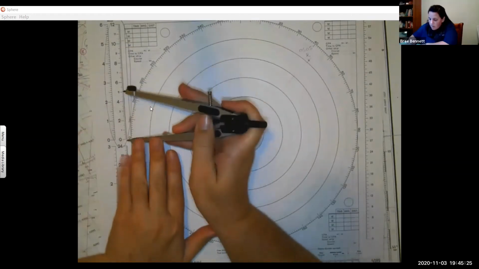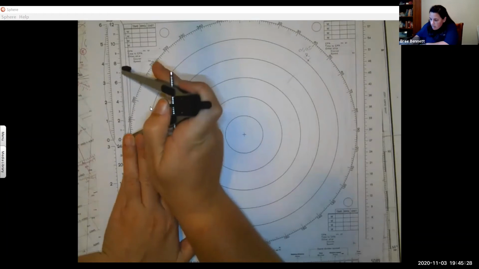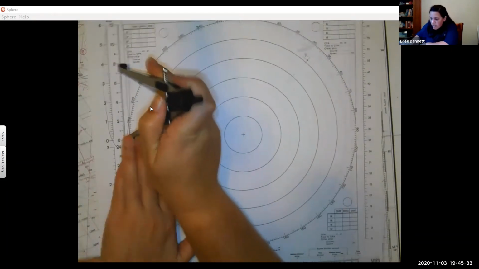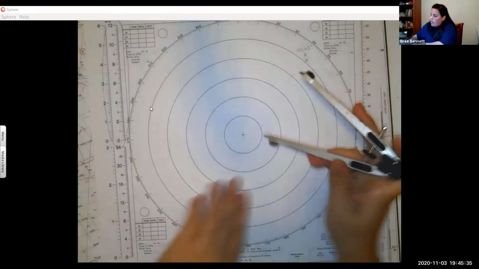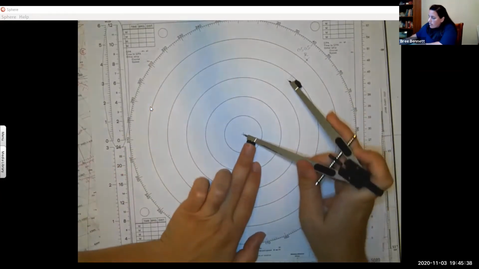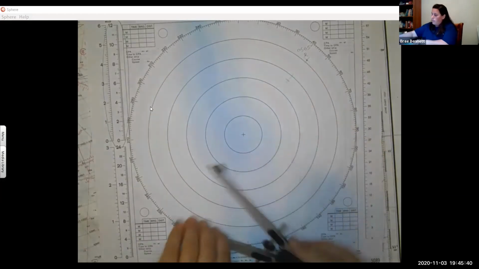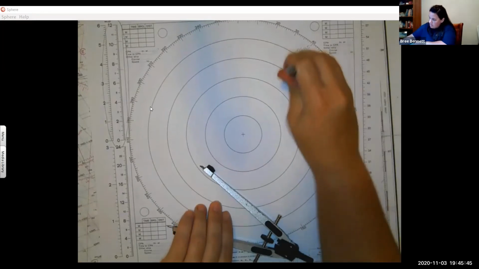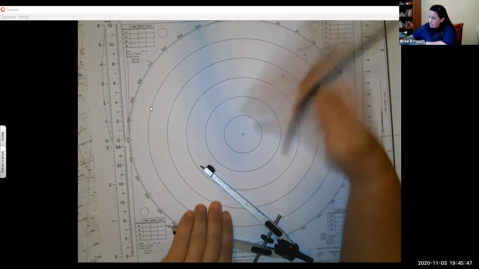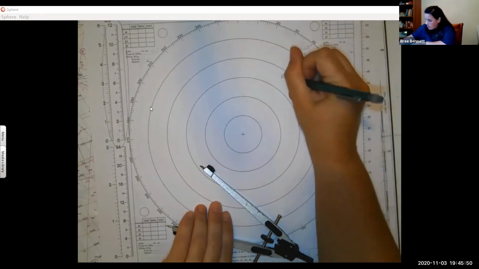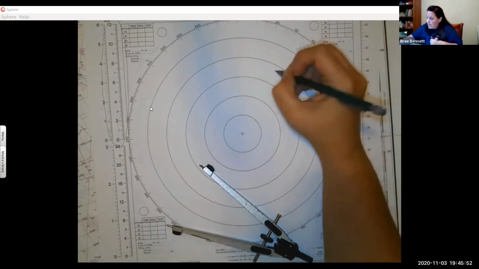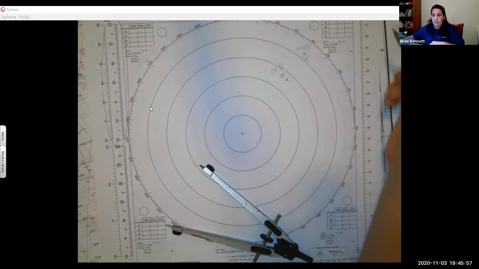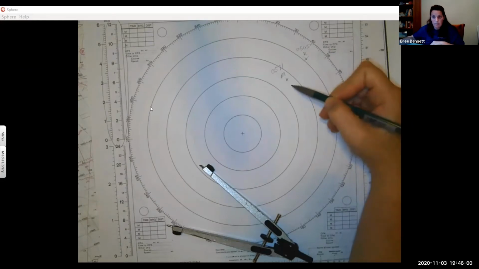So I'll find 7.4 on our scale. This is M, and M happened at 05:11. So I have an R and an M.